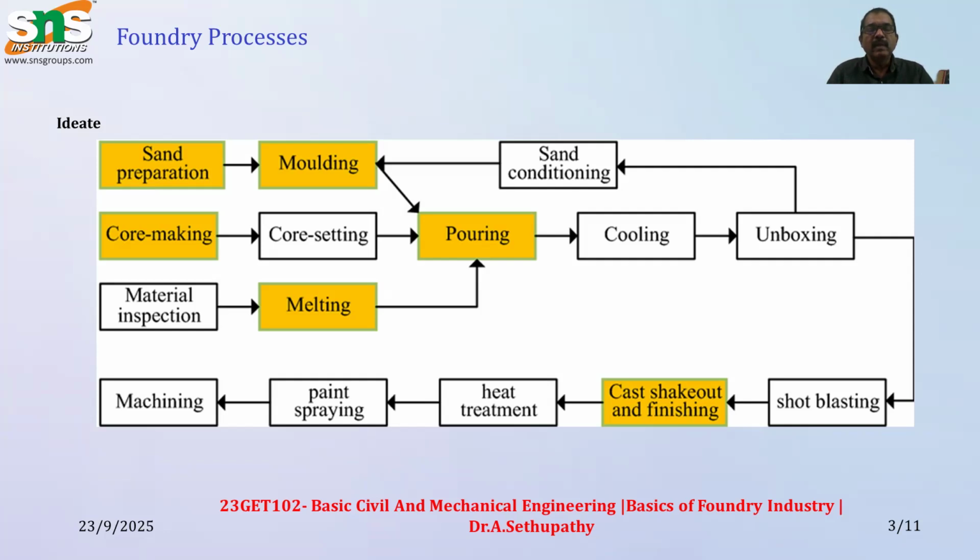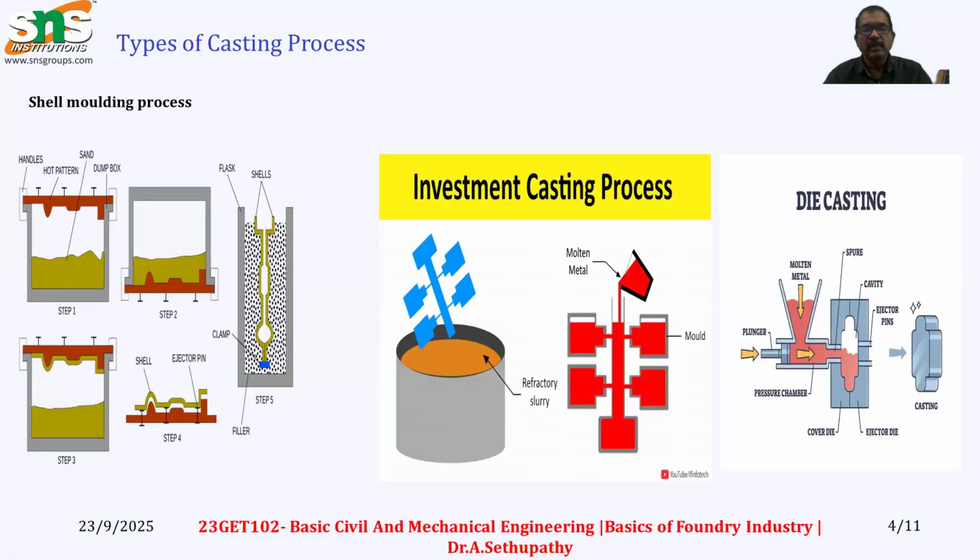After heat treatment, painting if needed, then it is sent for machining. The casting is a rough measurement, so the casting size will have two or three millimeters extra for machining and other allowances. This is the casting process used in foundries.